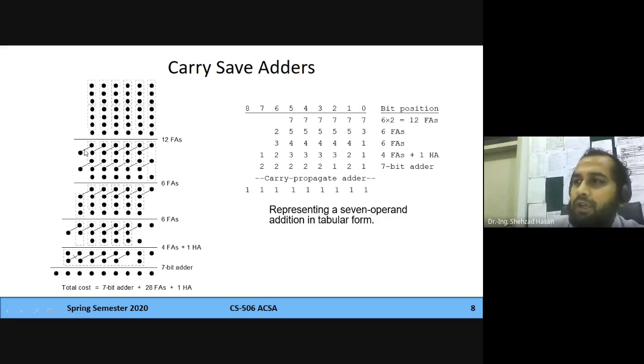It's showing you how many bits are there to be added, and then finally what you get is something like this, and carry propagate at the end is going to give you your final answer, which would be the result of that addition.